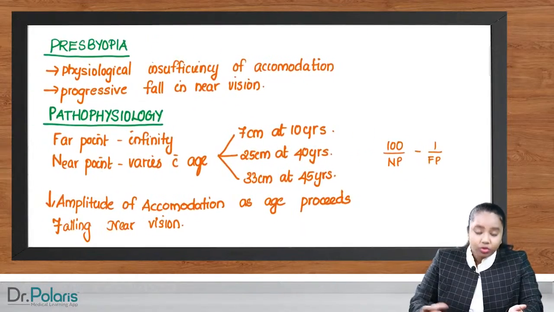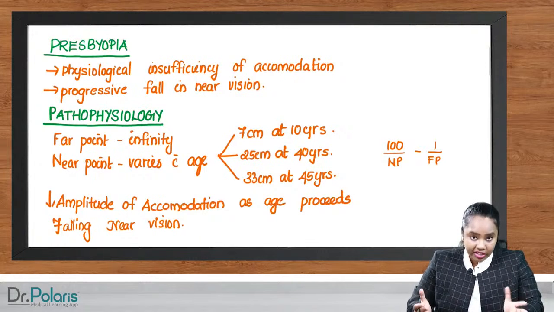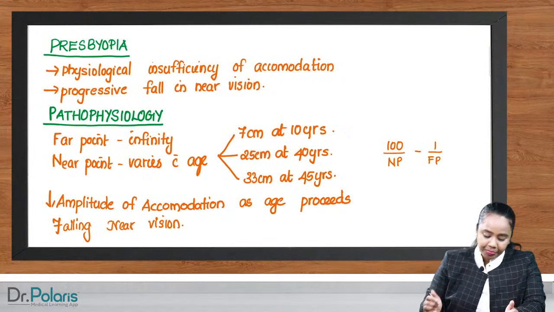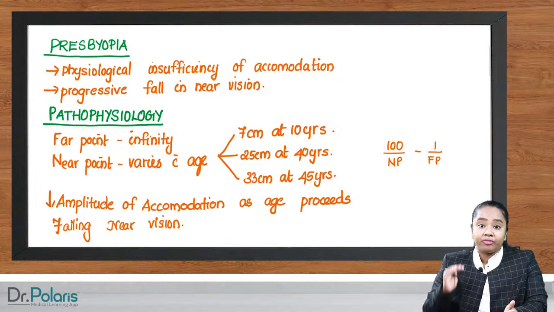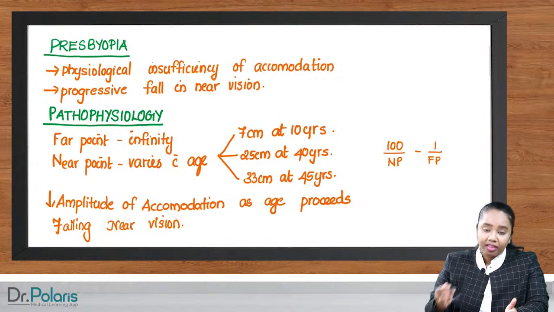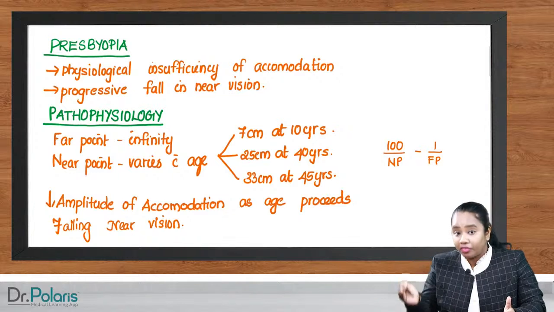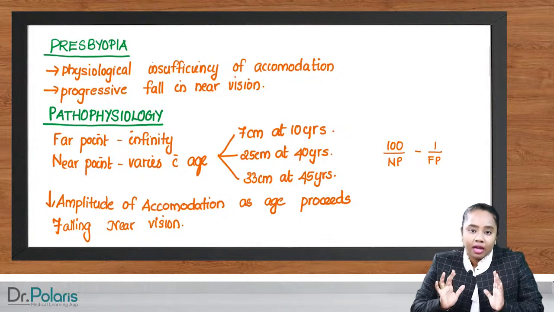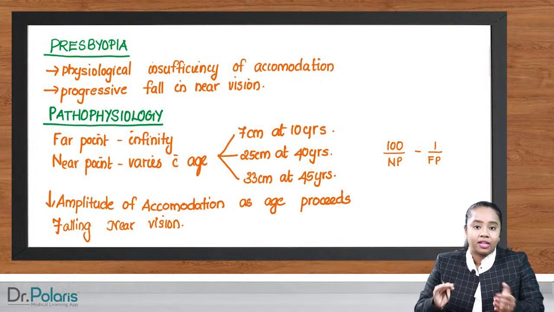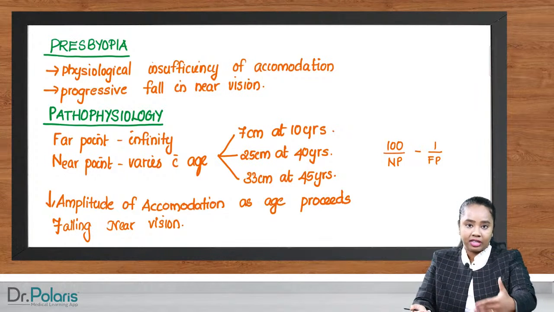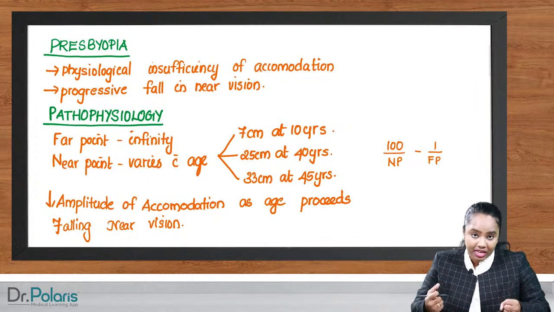So if you have an idea about what accommodation is, presbyopia becomes easy. Now presbyopia is a physiological condition where there is an insufficiency of accommodation. So we require accommodation so that even an object placed in front of you is able to be seen by us.